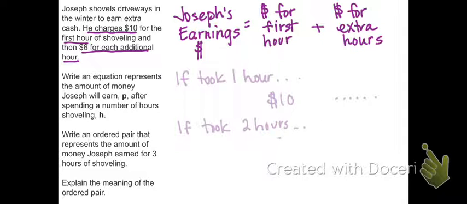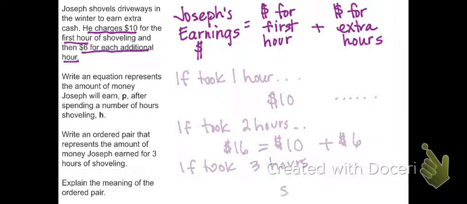Well, in this case, he would get $10 for the first hour, and then for that second hour, he would get $6. So in total, he would make $16. How about 3 hours? Well, he would get $10 for the first hour, $6 for the second hour, and $6 for the third hour. So in total, he'd make $22.